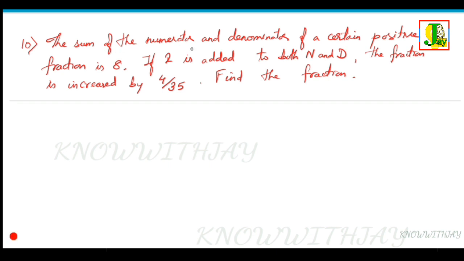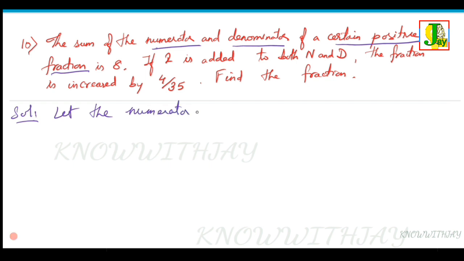This question says the sum of the numerator and the denominator of a certain positive fraction, remember this is a positive fraction, is 8. So let the numerator be x, then the denominator equals, because numerator plus denominator is 8, so denominator is 8 minus x.